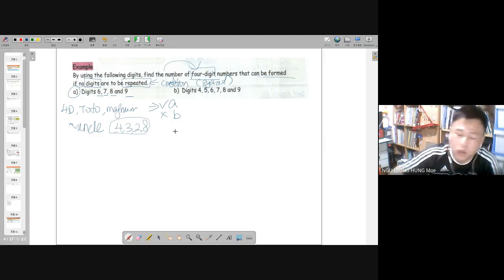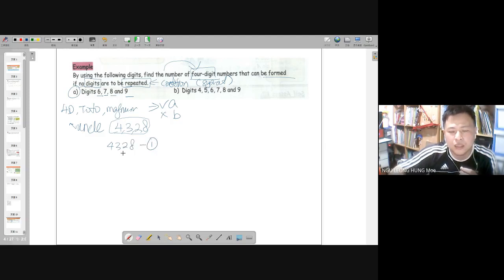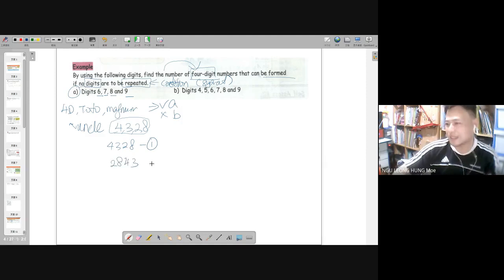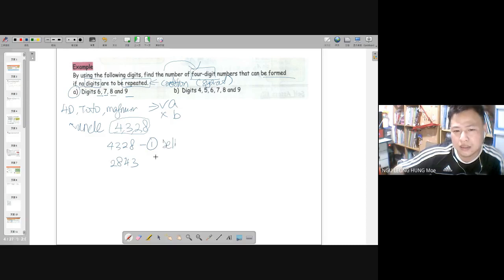Dia ada nampak 4 nombor, tapi dia tidak tahu susunan macam mana. Okeylah, saya beli ini sajalah. Beli 4328, beli RM1. Nanti tunggu malam dia keluar 2843. Aduh, kena ke tidak nombor? Dapat nombor kah? Menang duit kah? Ini yang dibeli, ini yang keluar. Tak. Rugilah kalau macam itu. So macam mana?